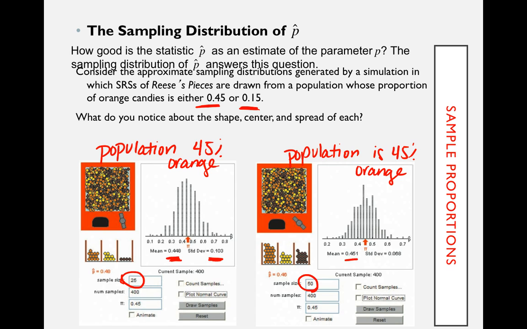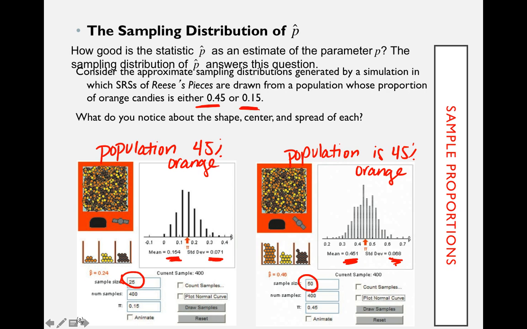It's still centered pretty close to 45%, but our standard deviation has decreased to about 7%. Still roughly symmetric and single peaked. So the mean is pretty close in both, the standard deviation is lower with the larger sample size, and we see a little more normality in this case.